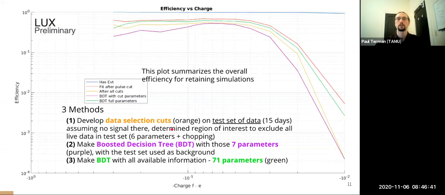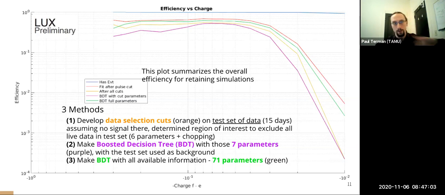Now, unfortunately, I don't have a whole bunch of time to go into all of the details of how we selected background versus signal, but there were three main methods that we've gone through. The first one is more of a traditional data selection cuts scenario where we take a test set of data of 15 days out of our 86 days.